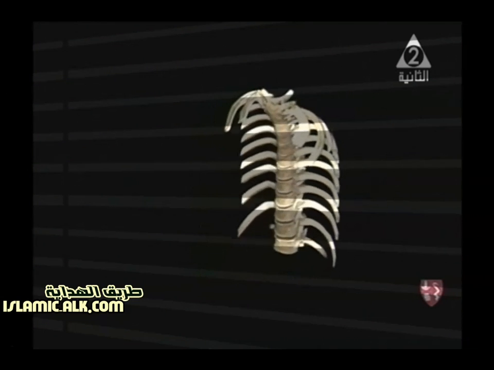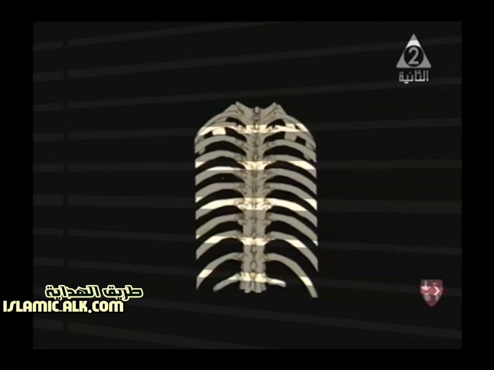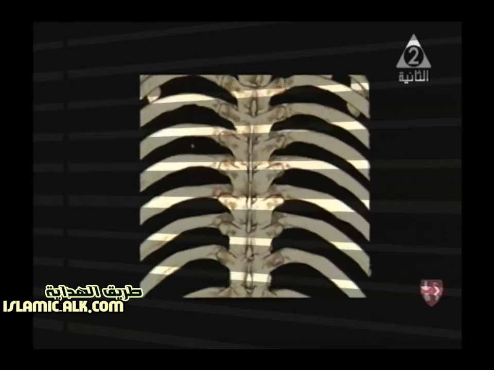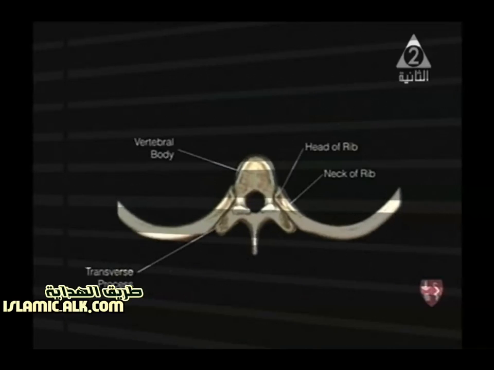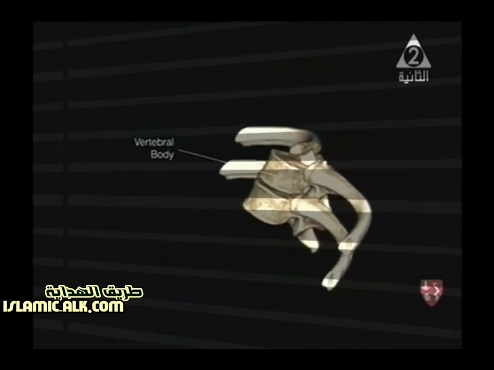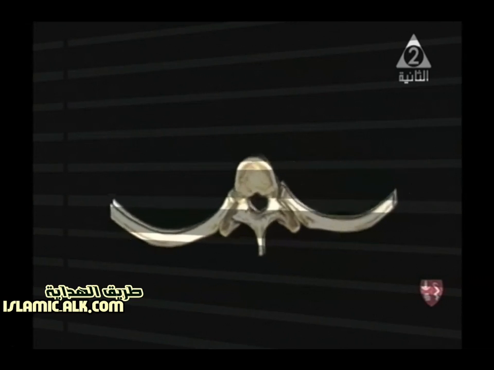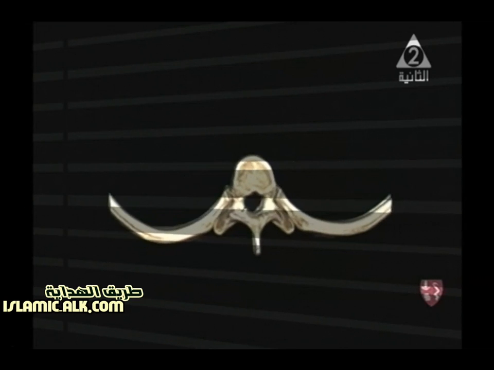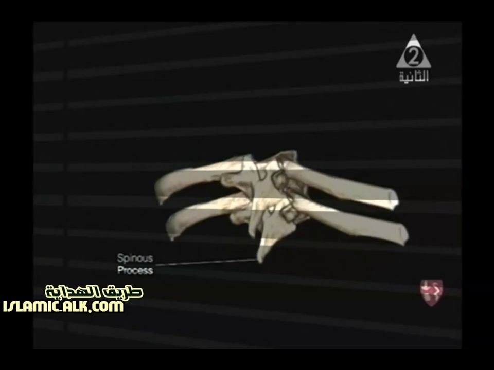And as we said, we have 5 lumbar vertebrae, the largest vertebrae, and the last ones are the coccygeal vertebrae. This is the shape of the connected vertebrae, the thoracic vertebrae, which connect to the ribs. When we study the vertebrae, I'll give you more information about it.